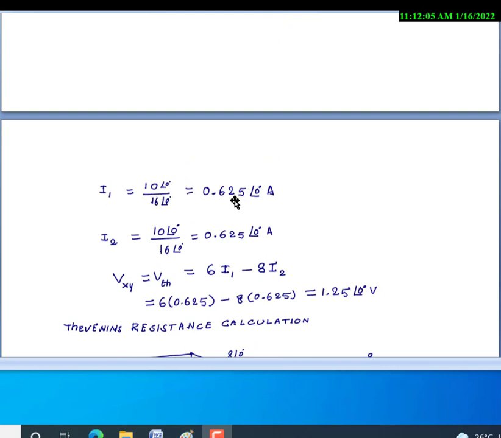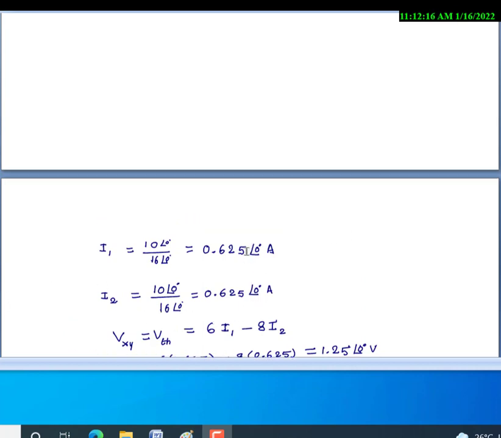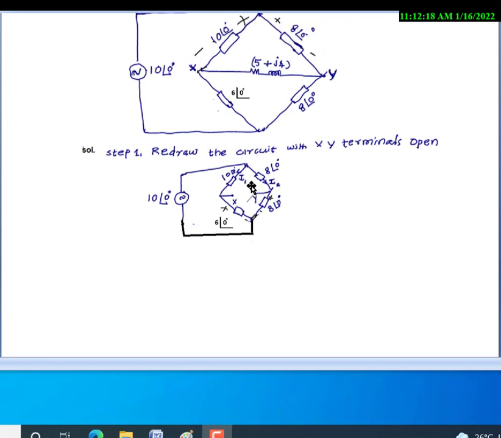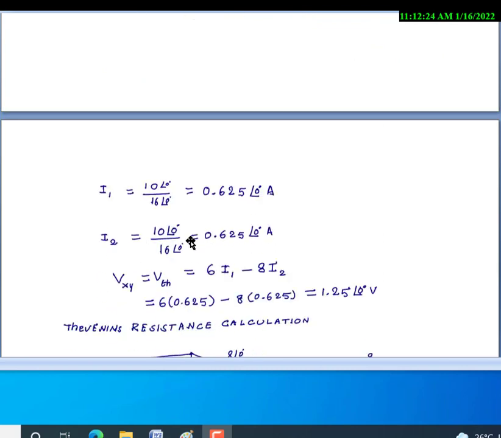Once we simplify, we get 0.625 amperes at an angle of 0 degrees. Similarly, for calculation of I2, we know the applied voltage is 10 volts and this branch resistance is 8 plus 8. So I2 is 10 divided by 8 plus 8, which is 16 again. Once we simplify, we get again 0.625 amperes at an angle of 0 degrees.